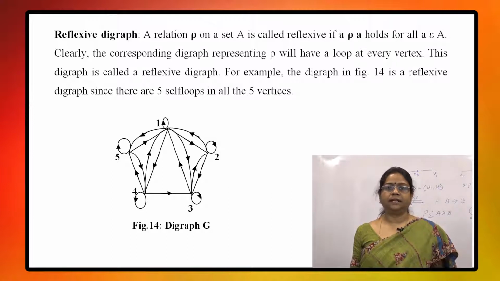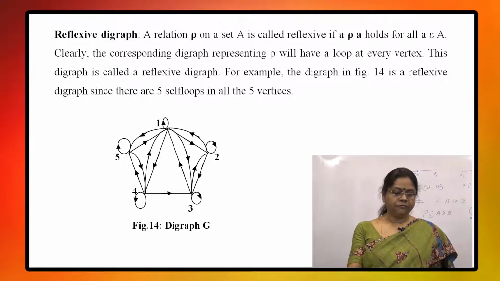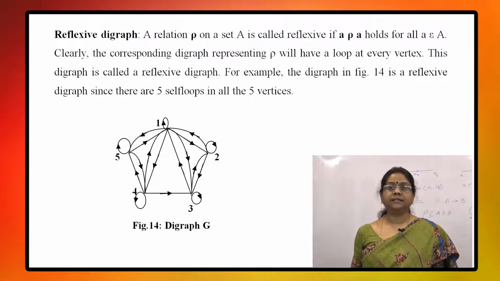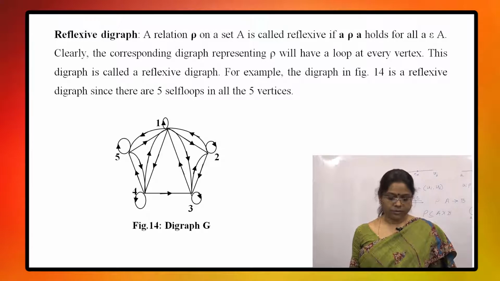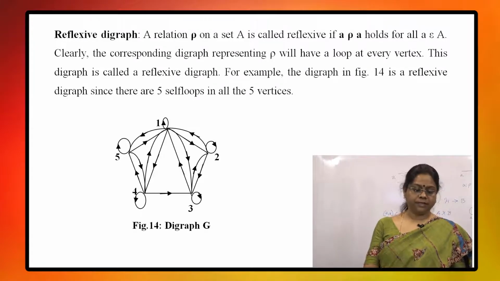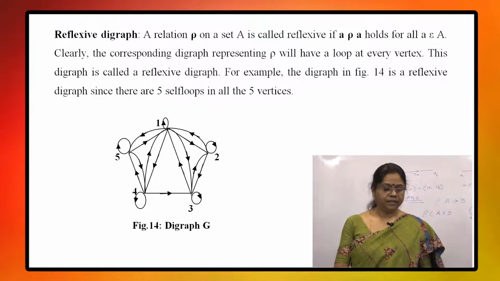So this digraph is called a reflexive digraph. For example, the digraph in figure 14 is a reflexive digraph since we can see that there are 5 vertices and in each of the vertices we find a self loop. So this is a reflexive digraph.